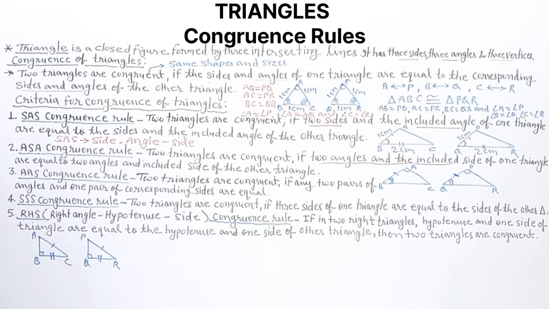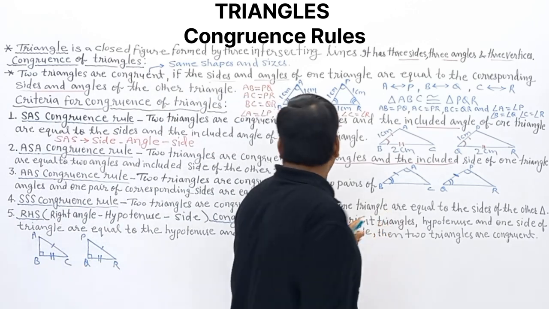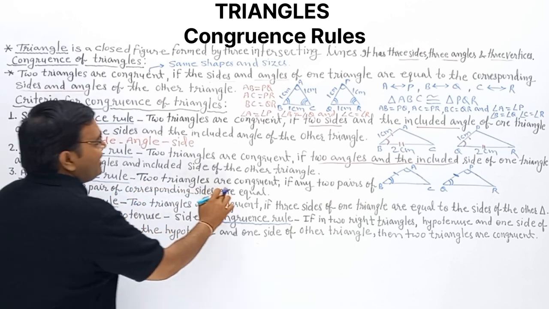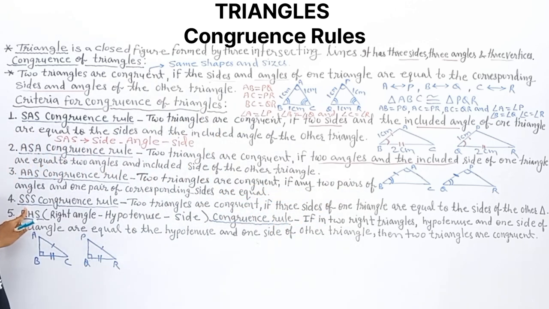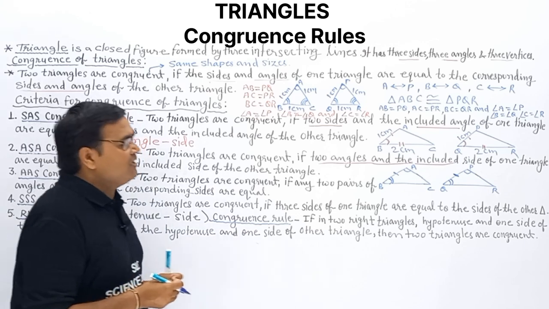Angle side congruence rule. What is the difference between both? This is angle side angle, two angles and included side, but in angle side, observe this one, two triangles are congruent if any two pairs of angles and one pair of corresponding sides are equal.